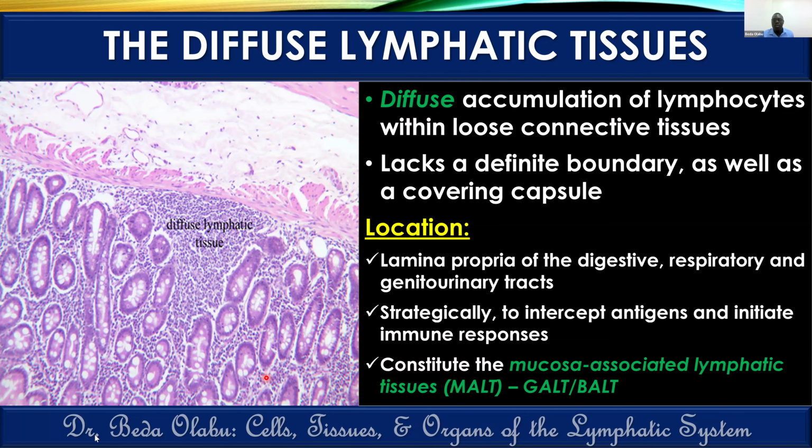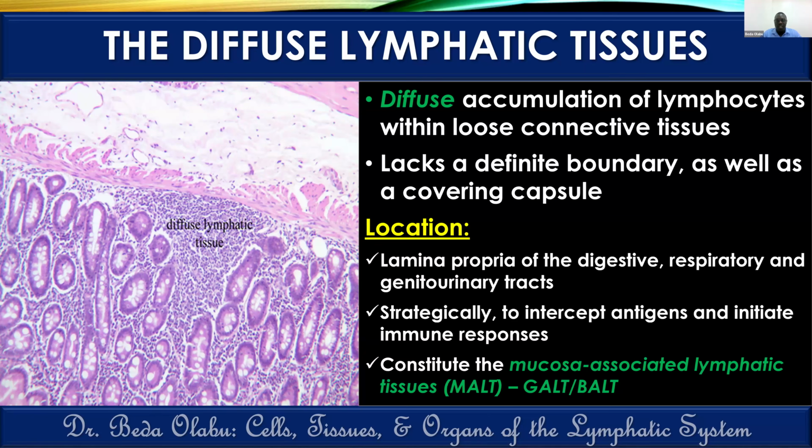For example, the MALT located within the digestive tract is sometimes called GALT. And GALT here stands for gut-associated lymphatic tissue. The ones found in the respiratory tree may be called BALT. And BALT here stands for bronchus-associated lymphatic tissue. So they're part of MALT.